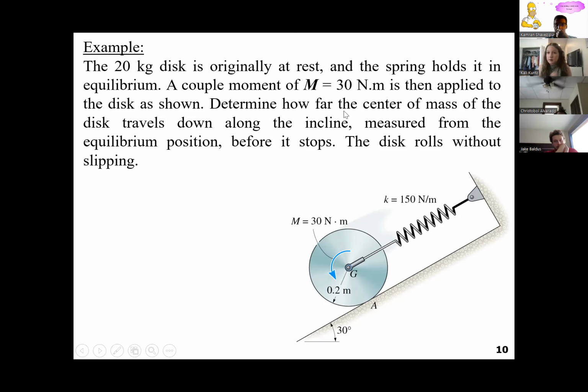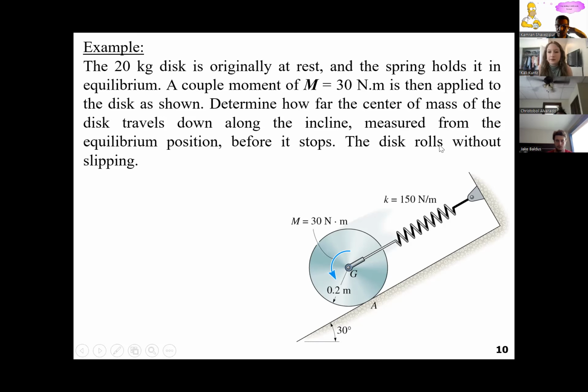Now, it is at rest. We apply the moment of 30 Newton meter. And obviously this will start moving, gain some velocity, then the spring stretches further until it's going to stop. We want to know how far it goes before this stops.